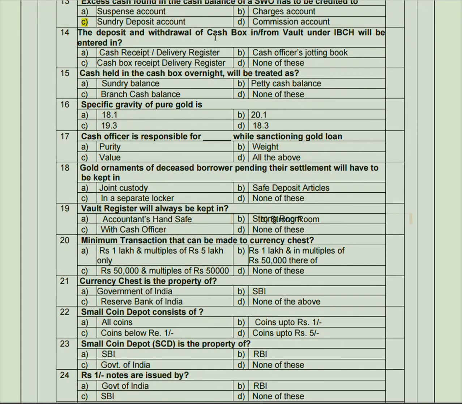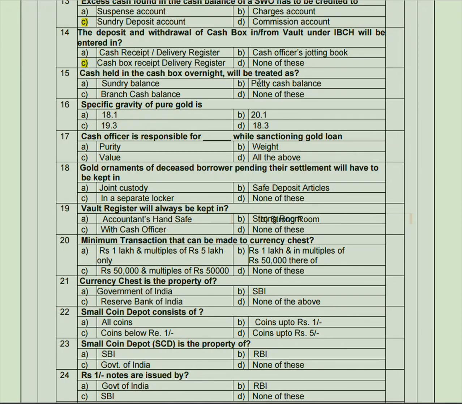14. The deposit and withdrawal of cash box in from vault under IBCH will be entered in. So cash box receipt delivery register. So whatever you are depositing and withdrawing in of cash box and from the vault, it will be entered in cash box receipt delivery register. 15.